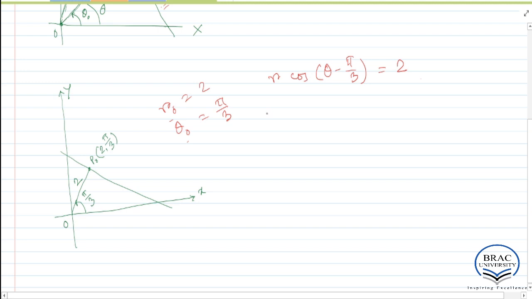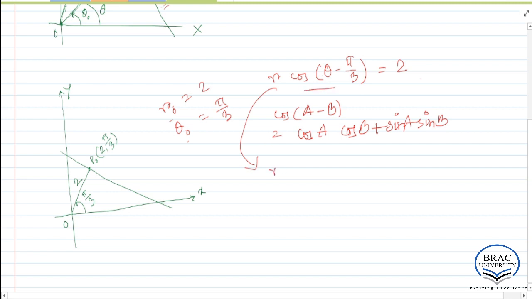Now we will use the identity cosine of a minus b equals cosine of a into cosine of b plus sine of a into sine of b. We will utilize this identity in this equation.